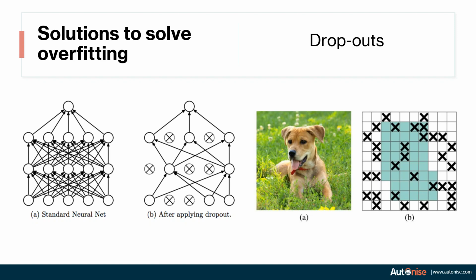What it means is that, let's say we have the image of a dog, and our neural network has to predict or classify that this is a dog. Let's say there are only two classes, a dog and a cat. What the model can do is that it can start focusing on just the ear in the entire image.